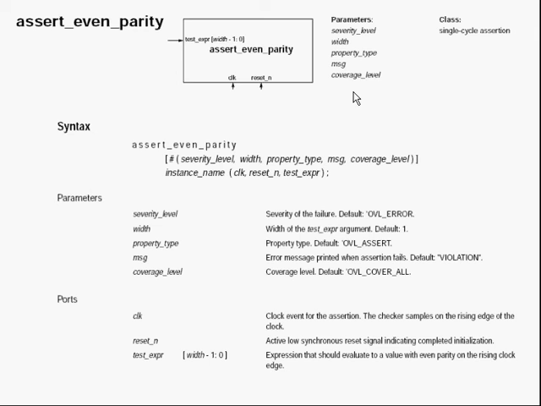Value is the amount it should decrement. If you mention 2, it should decrement by 2. By default, the value is 1. Next, width: the width of the test expression argument, which by default is 1.